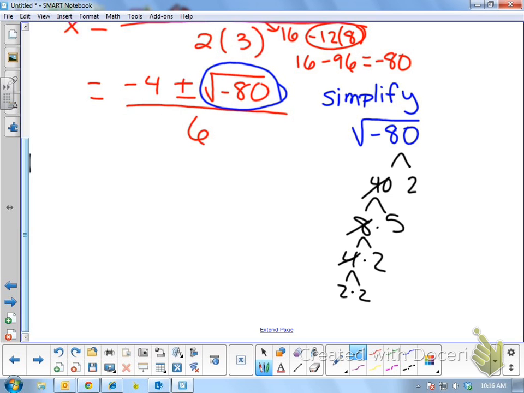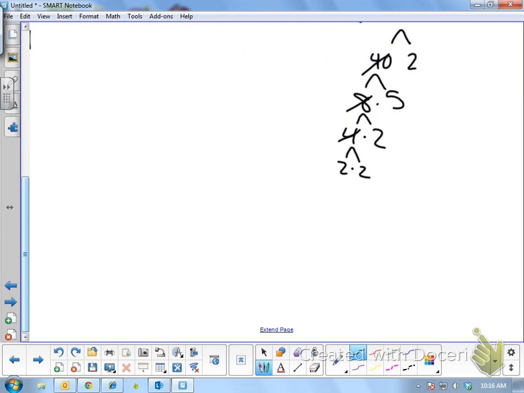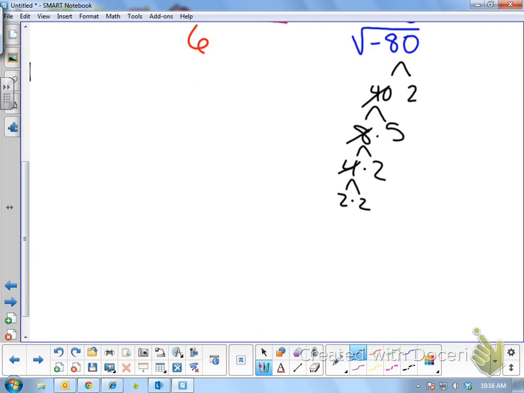We write it out under the square root. So we have square root. I'm going to put the negative sign here. And then we have 2 times 2 times 2 times 2 times 5. What size groups are we looking for?